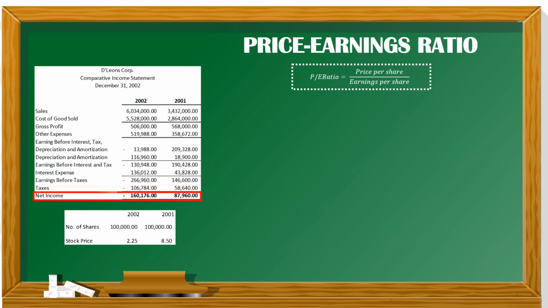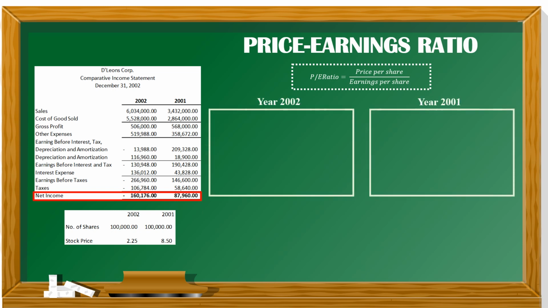Now, for this ratio, we will be computing the 2 years ratio for De Leon Corp. First, we will compute the earnings per share, that is the net income divided by its total number of shares outstanding.